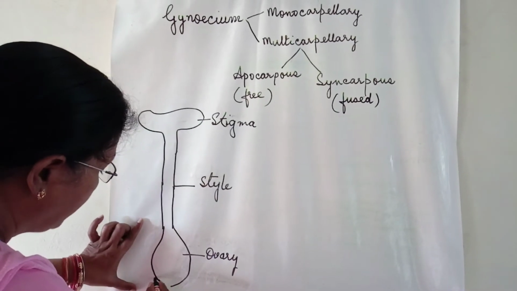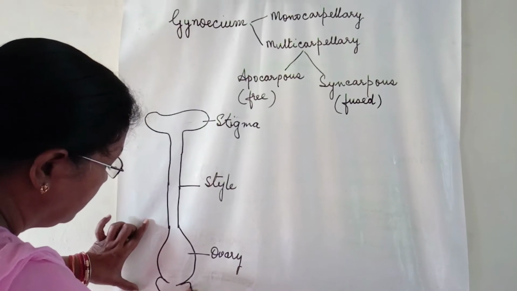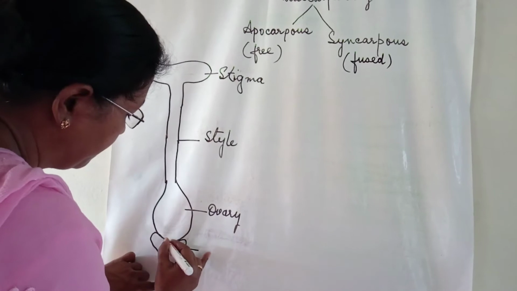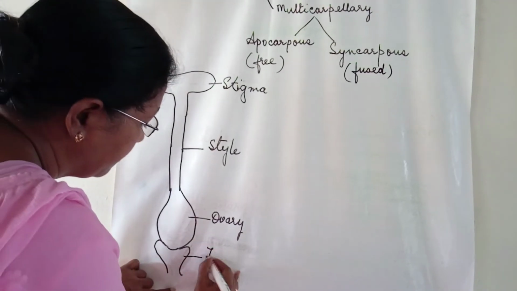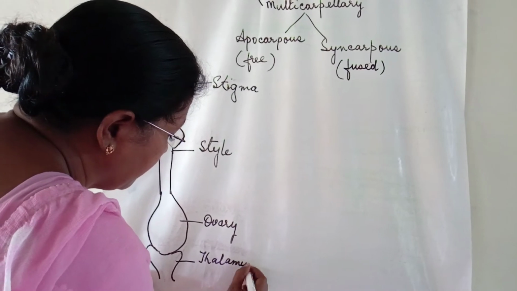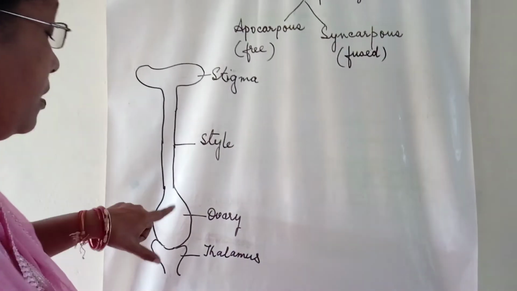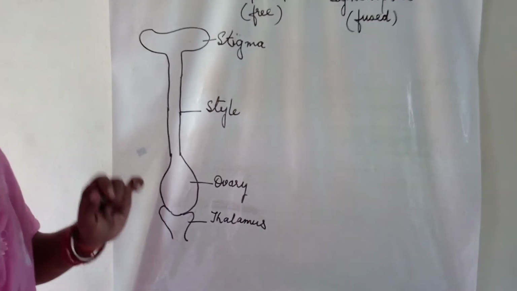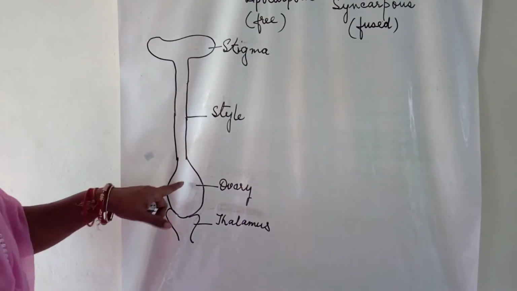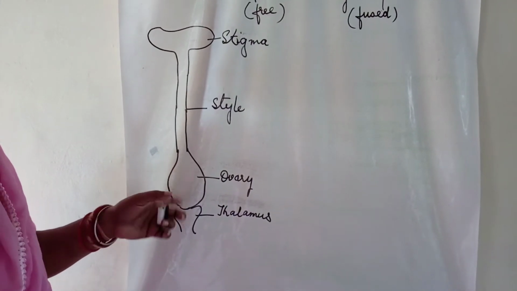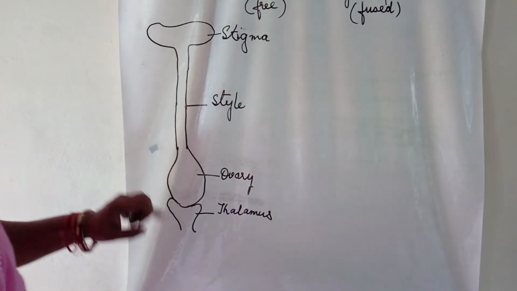The ovary has a receptacle or the thalamus. Inside the ovary, ovules are present. Ovules are round small structures. They are present on the placenta. Placenta is a tissue. This is in the ovary.